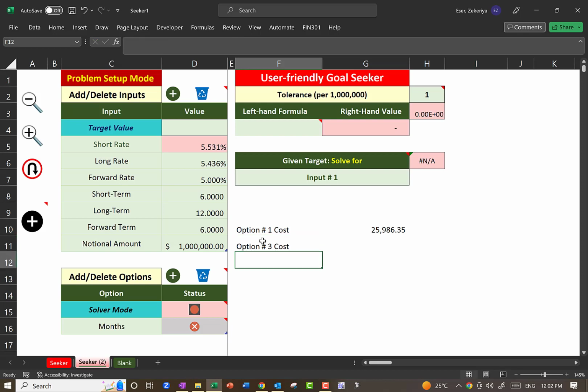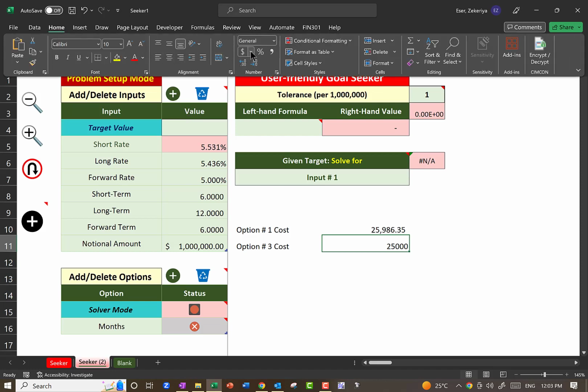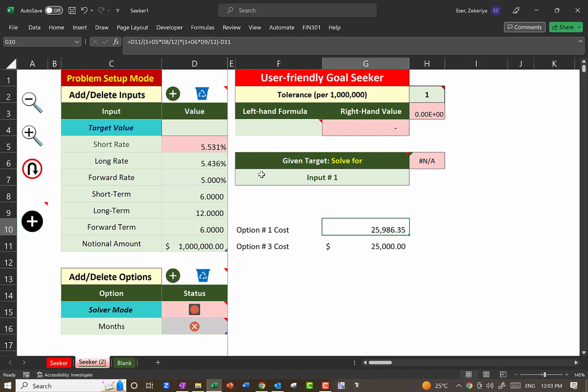In fact, to make my life easy, if it's not monthly, I'm going to take the notional amount. In fact, to make it easy on myself, because I want to see whether I'm making a mistake or not.